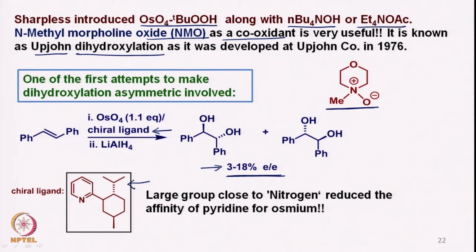However, this particular chiral ligand, where there are 3 asymmetric centers, has a pyridine moiety very close to the isopropyl group, which is sterically not desirable, and therefore the large group close to the nitrogen prevents the pyridine from coming very close to the osmium because of the steric hindrance.